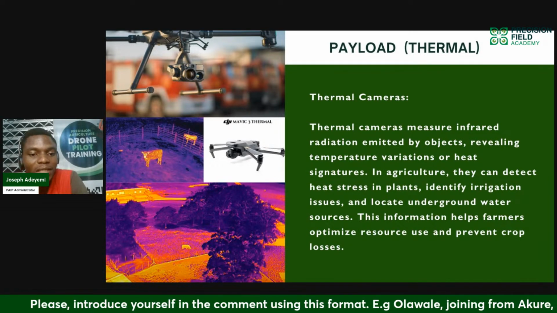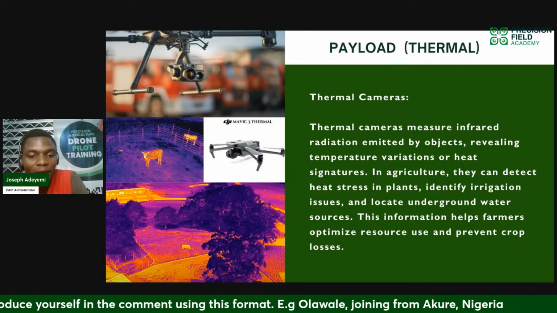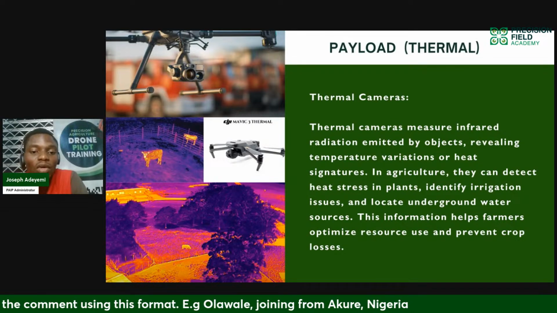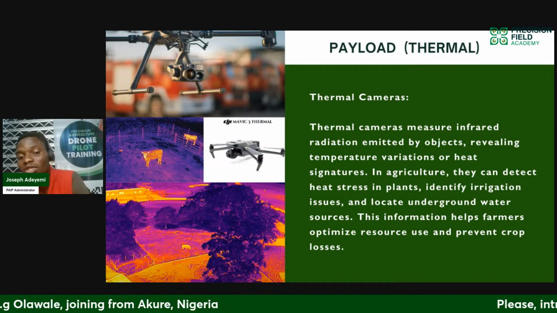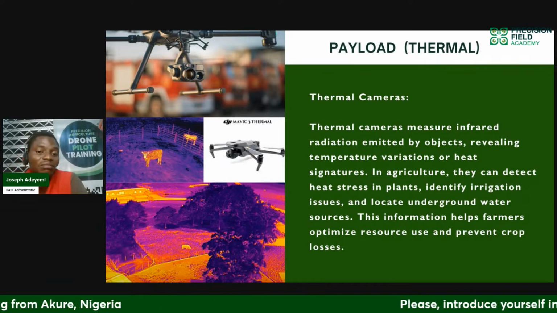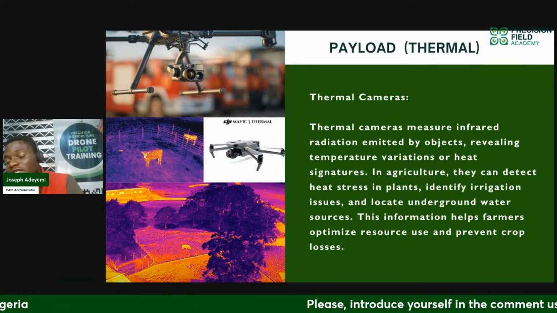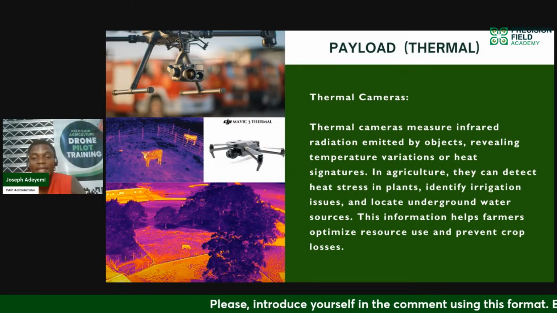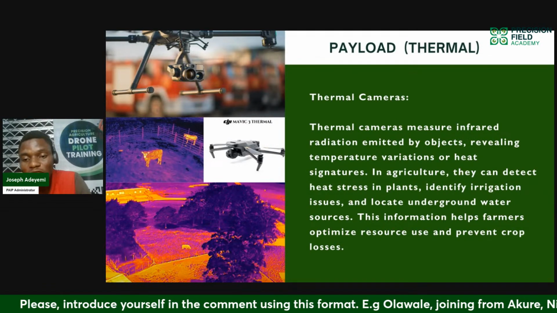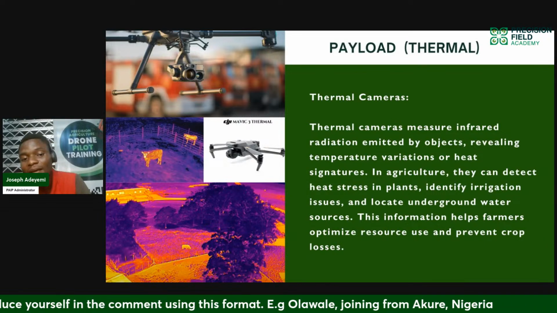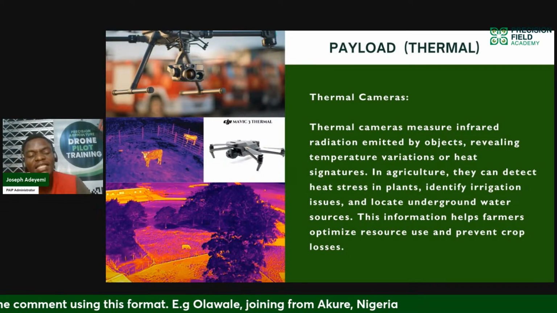You actually need light intensity to be able to capture quality data. In the case of thermal, you do not necessarily need that. You can operate it during the day, and you can operate it even in the night, because it collects data in response to heat signatures or temperature variation being emitted by an object.